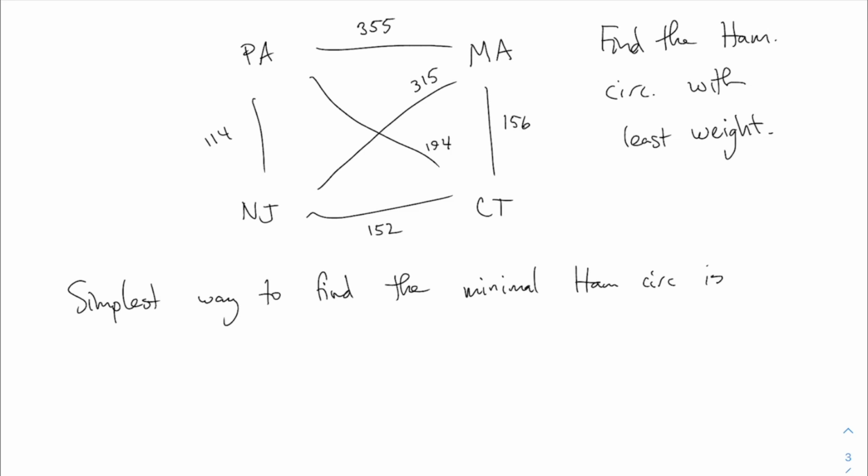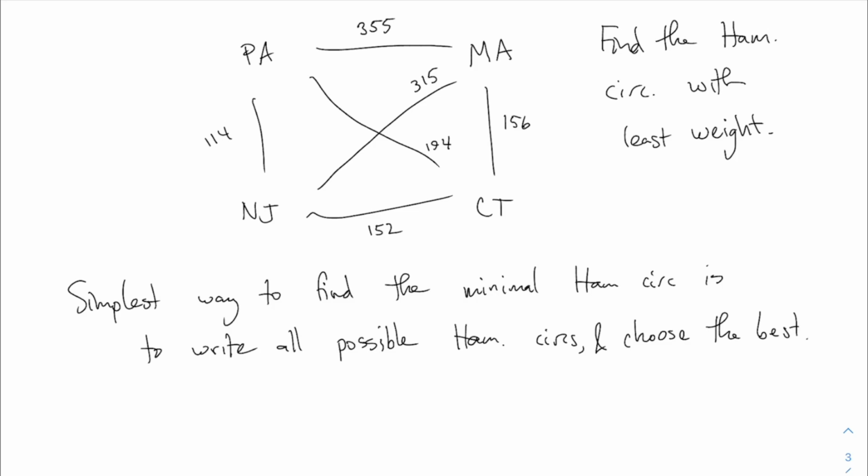So the simplest way is to write all possible Hamilton circuits and then just choose the best one. And we can do that in this example without too much trouble.